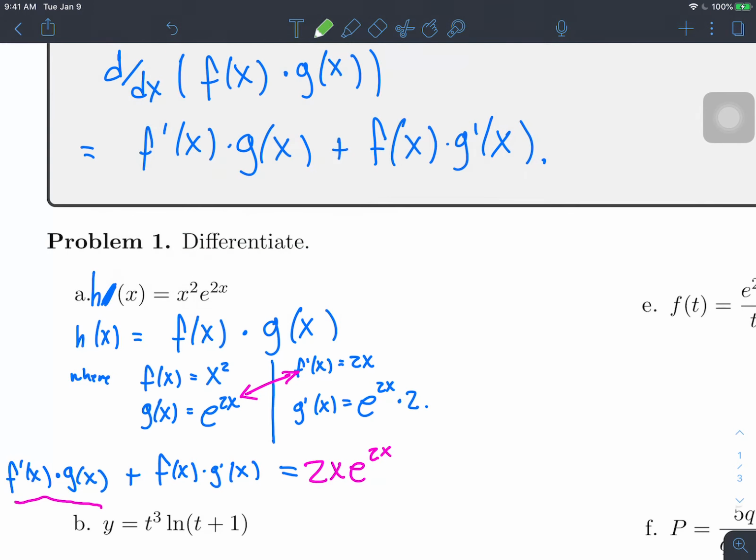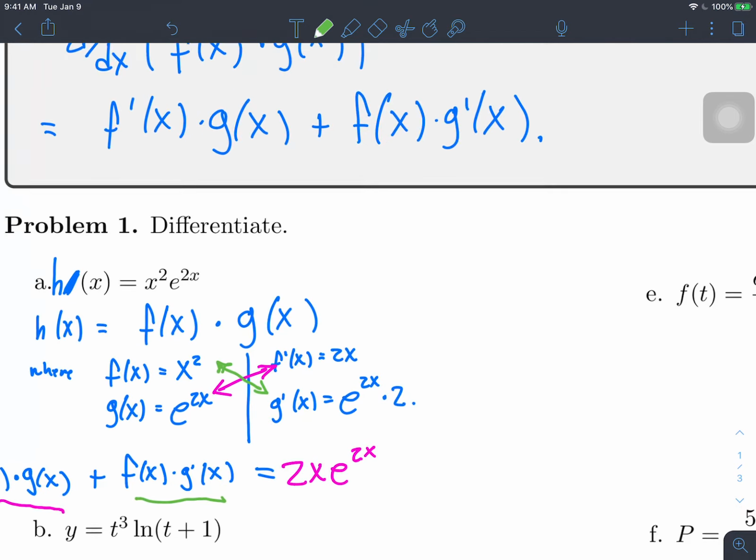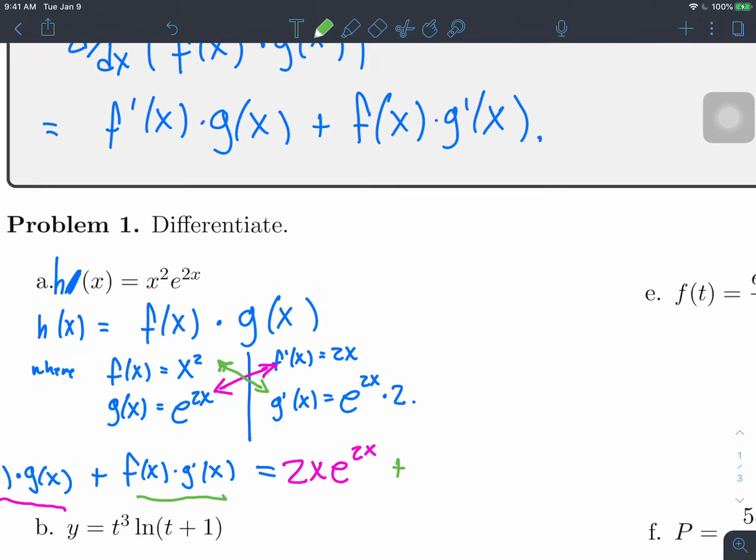Next step, I need to take f of x times g prime of x. So I'm going to take these two functions and multiply them. And I'm going to get plus 2x squared e to the 2x. Gotta rearrange things a little bit there. And that's it. That's the product rule.